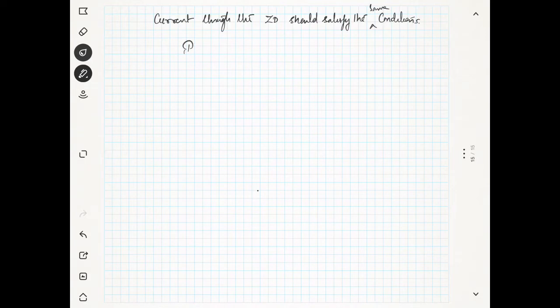The current through the Zener diode should be greater than or equal to Izk, because then only will it turn on. And the current should be less than or equal to Izm. If it becomes greater than Izm, then it will be damaged.